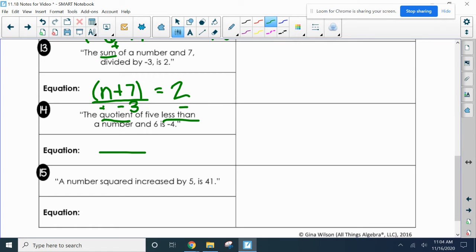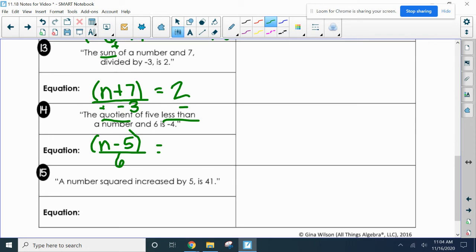What are we dividing? 5 less than a number, so 5 less than the number. And that's where we know we're now dividing by 6, because remember, with division the order matters. So when it says the quotient of this and this, 5 less than a number, put that up there, and 6 is negative 4. Awesome. Did you get that?